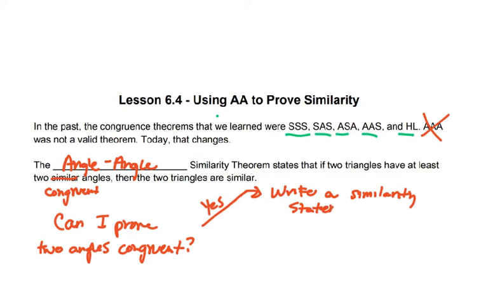That's where we say, like, this triangle is similar to that triangle with the letters. If the answer was no, if you can't prove two angles congruent, they are not similar, because if you know that the angles don't match, you know that there's no possible way for them to match.